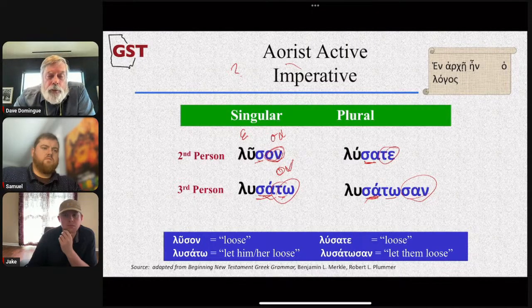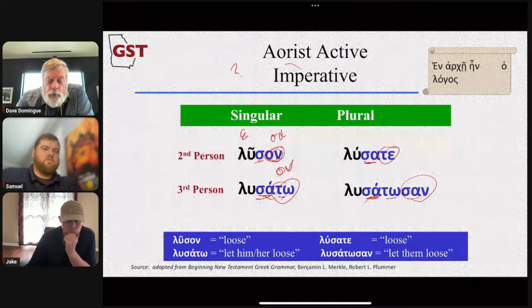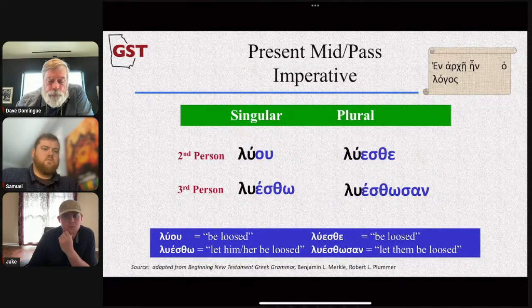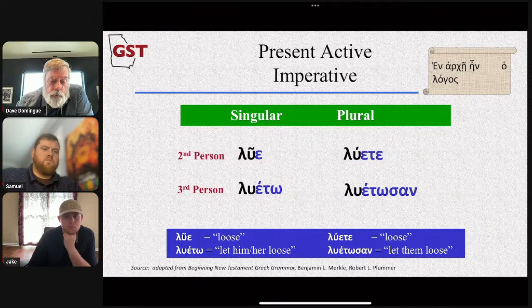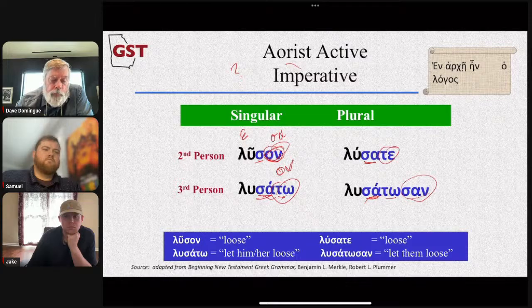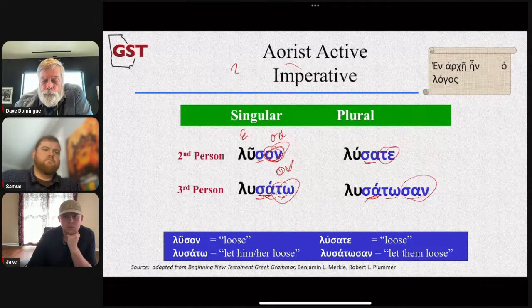It is new and takes a little effort and time to remember and recognize, but I think the biggest difference is going to be with this Lusan versus Lu'u and Lu'e. Those don't automatically stand out. This might stand out more as an imperative than that Lu'u or Lusan. Okay?